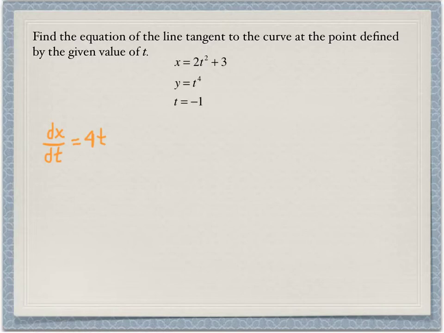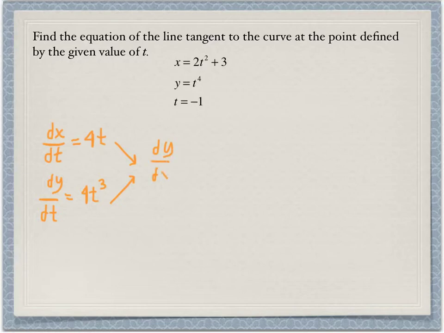Now let's look at dy over dt. That's my second equation there. And as we can see from that, the derivative of that one is just going to be 4t cubed. Now when I try to find this dy over dx, I'll combine these a little bit.